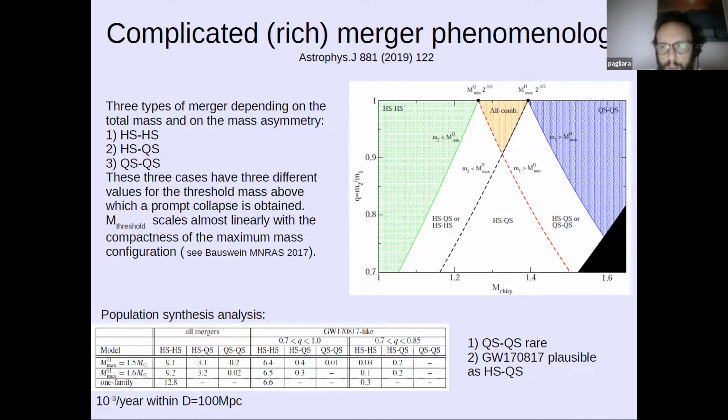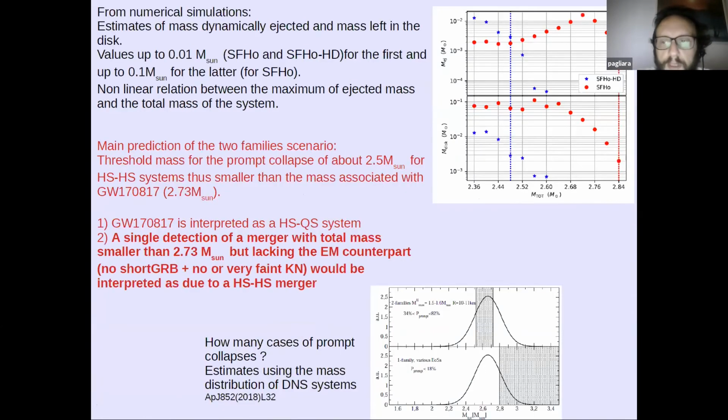So the phenomenology is very rich, or very complicated. And this is a diagram in which you have the chirp mass of the system and here the mass asymmetry. Depending on those two numbers, you can have all the combinations. You can just have hadronic star merger, quark star merger, and so on and so forth. So the phenomenology is very rich and very complicated.